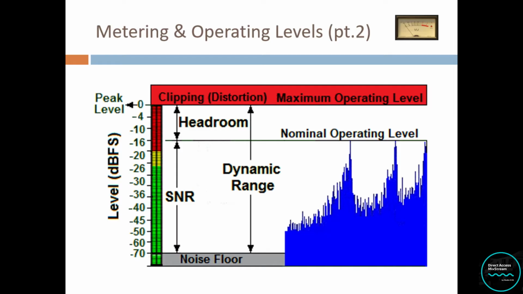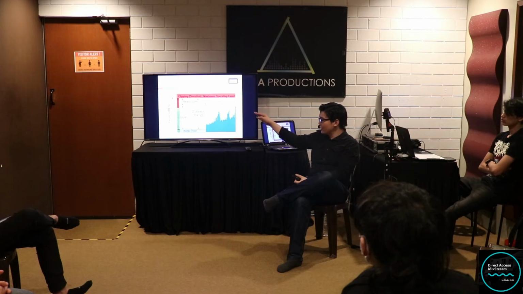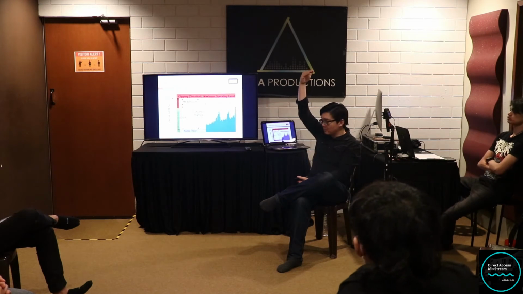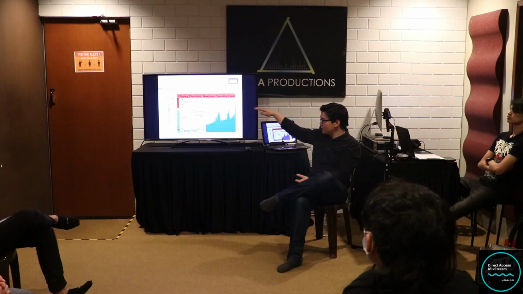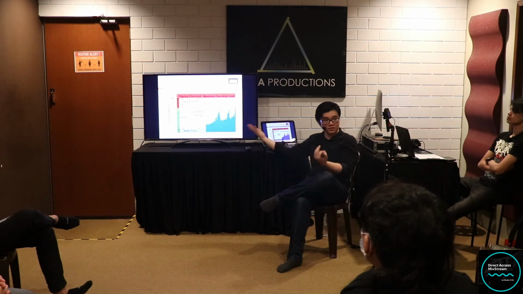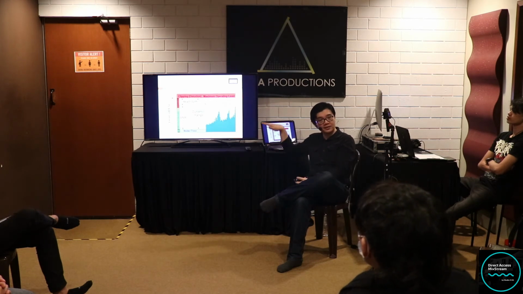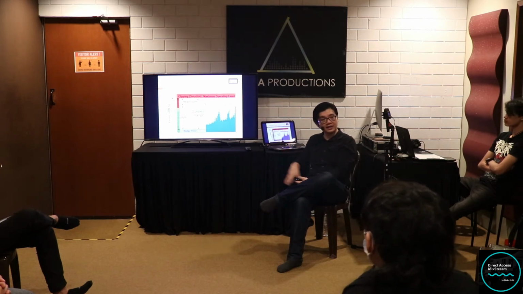Your nominal operating level would be your normal level. If you are standing, that's your normal level, the level of where your head is. Then you have your headroom, which is above your head, the margin before you get to clipping, and you have your signal to noise ratio. This is how you determine and identify them.